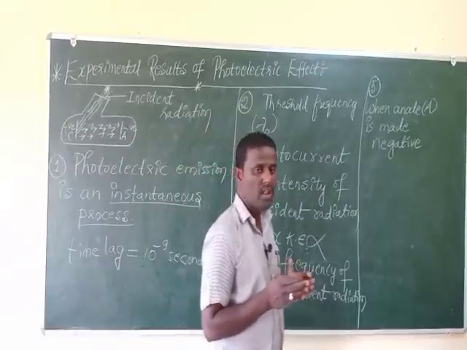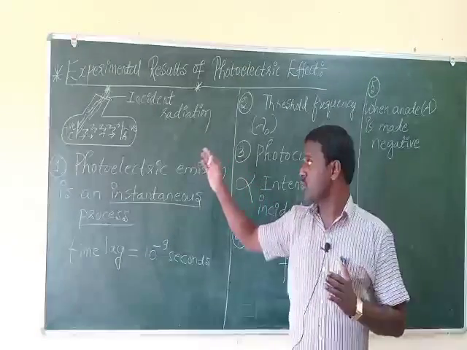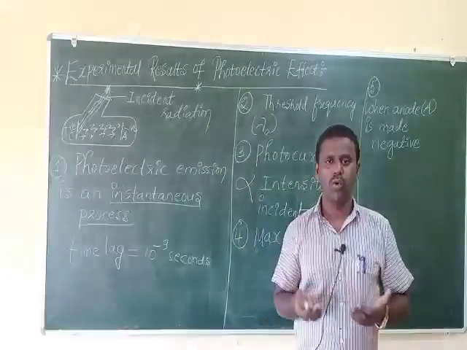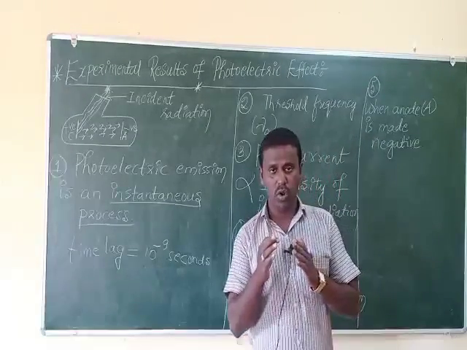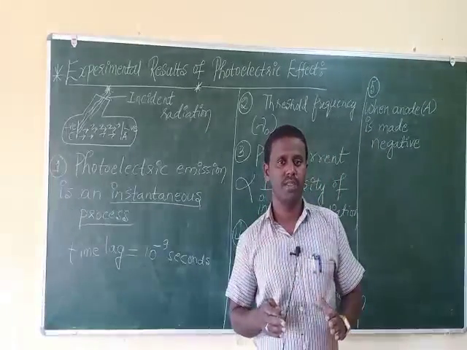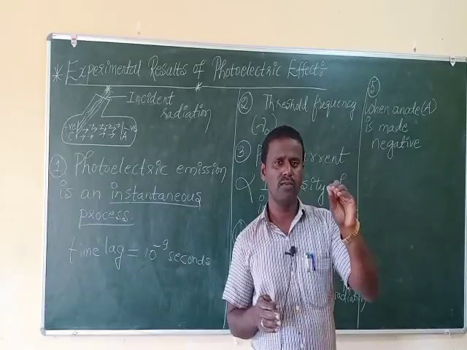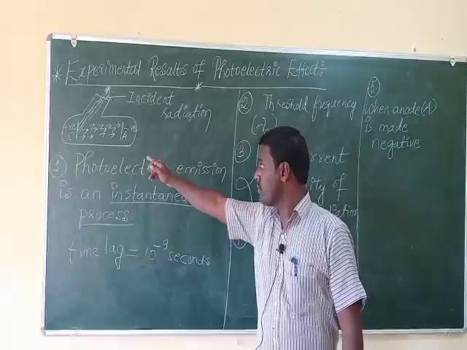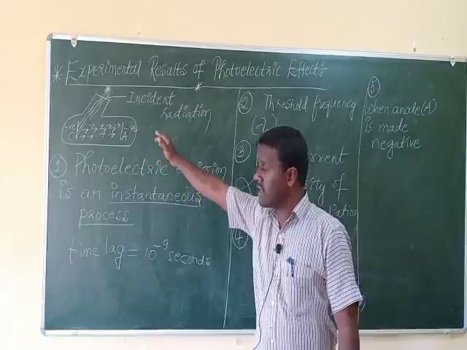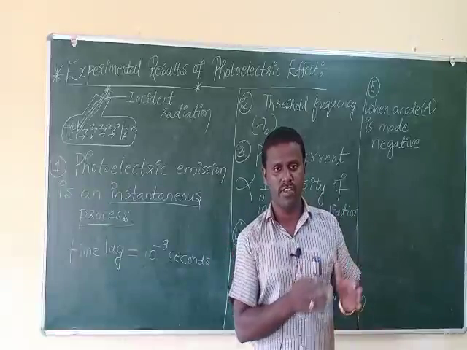First of all, the number of photoelectrons coming from C to A decreases, and thereby photocurrent also decreases, but it does not become zero immediately. Still a few, 2 to 3 to 5 photoelectrons which are having greater energies move from C to A and result in photoelectric current, but that photoelectric current goes on decreasing.